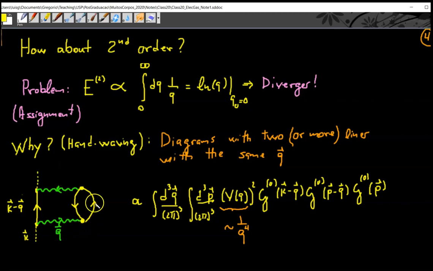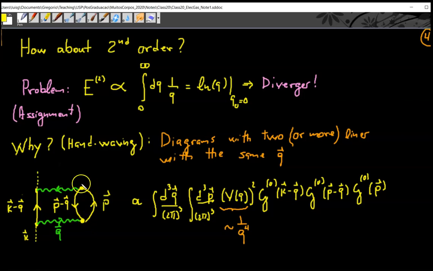So I assigned an internal momentum p to the leaving line, meaning that if I'm entering with k minus q, leaving with p, I also have to enter with p minus q, right? So as to conserve momentum at this vertex.